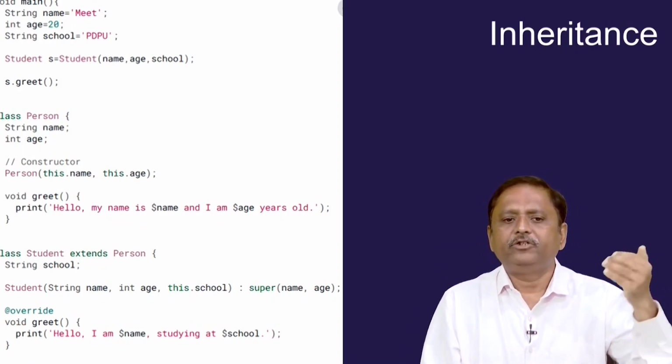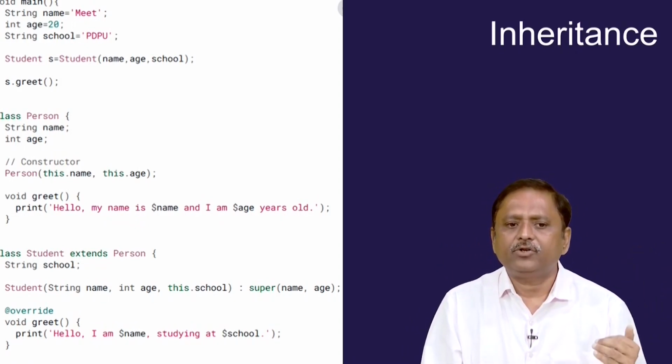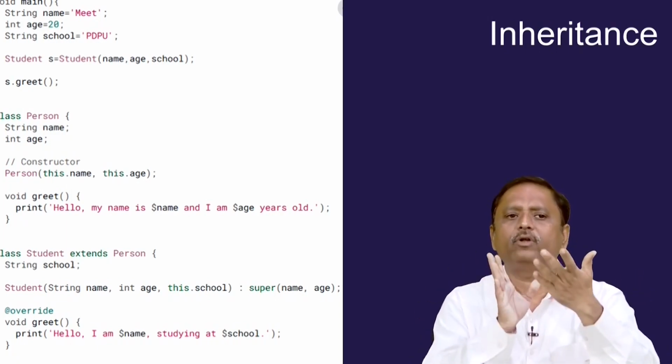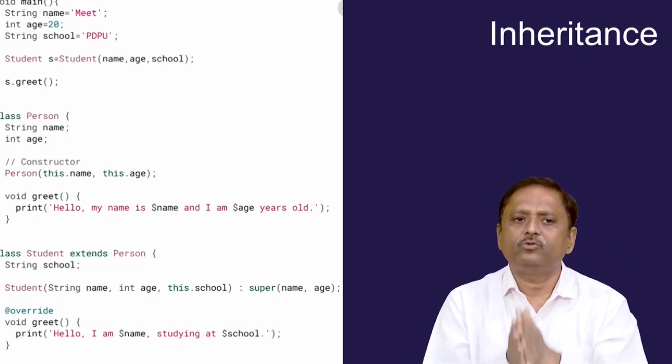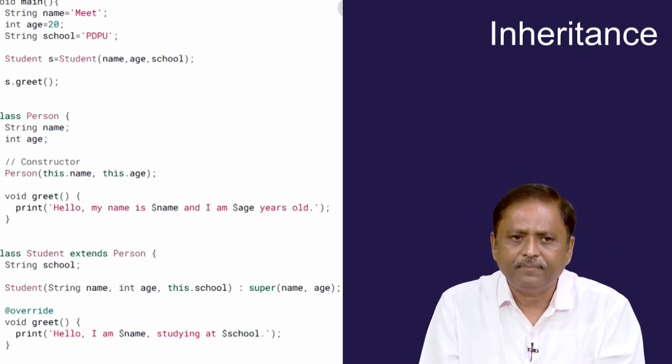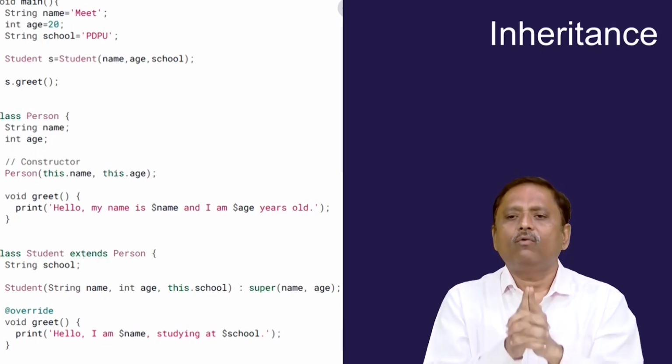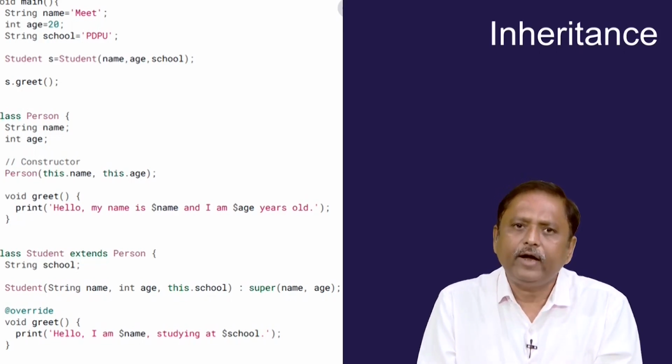So, it will jump to the student class constructor. Out of these, name and age are passed back to the person class, and their values are initialized to whatever values we have supplied, and then finally we call the greet function.